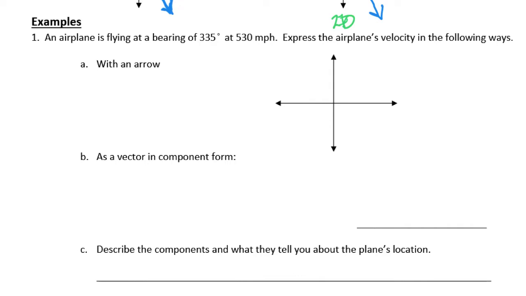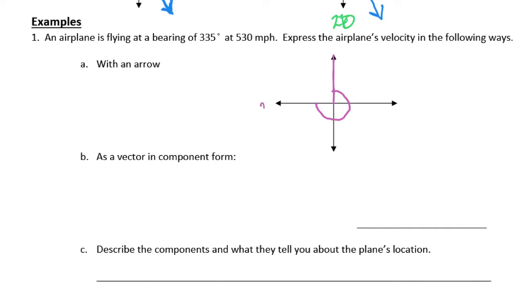They said that it's a bearing of, excuse me, 335. So I'm starting at the positive y-axis, in other words due north, and I'm going all the way around.